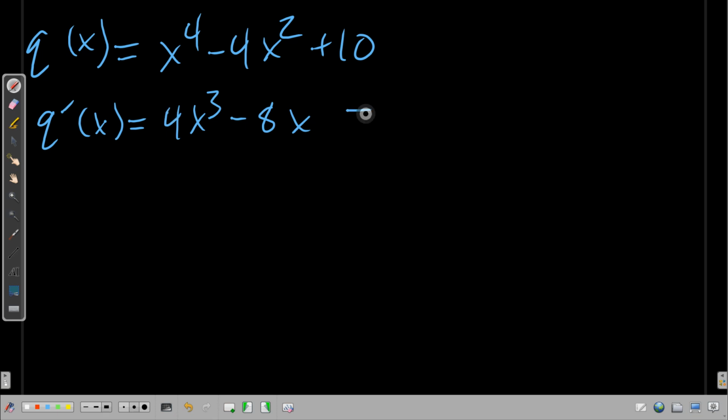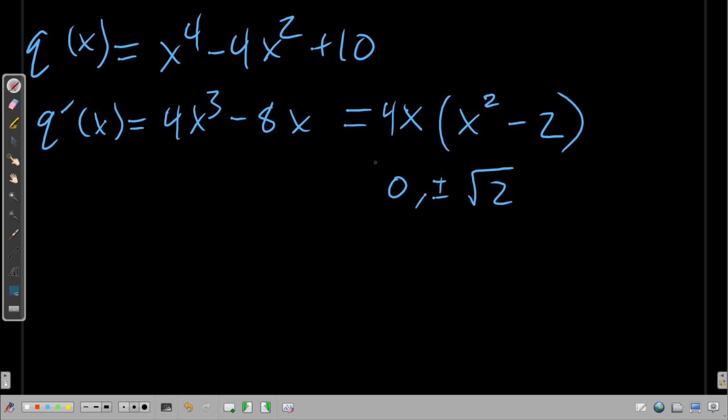And I want to know the critical values there, so I should factor out an x. Actually, I'll factor out a 4x, and then have the remaining term of x squared minus 2. So then my critical values are 0 and plus or minus the square root of 2.